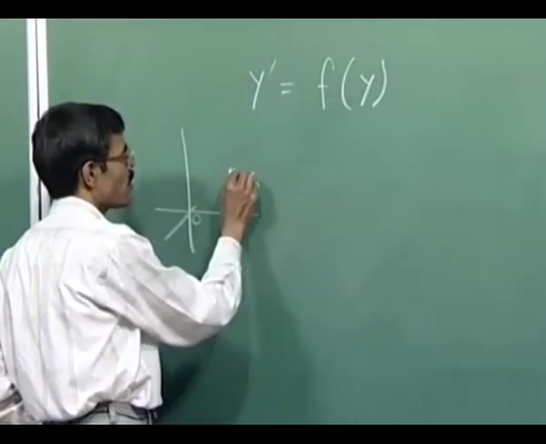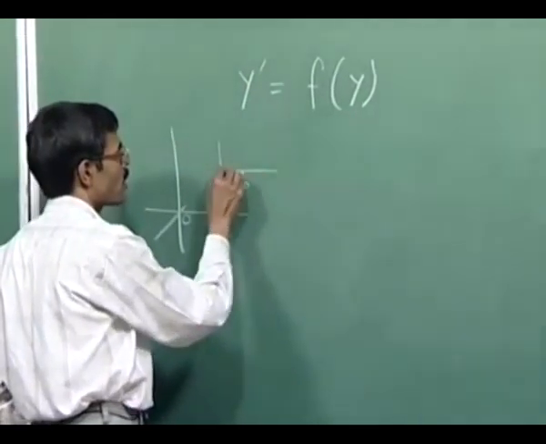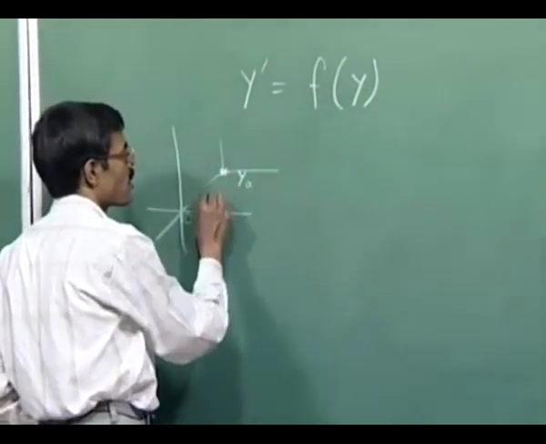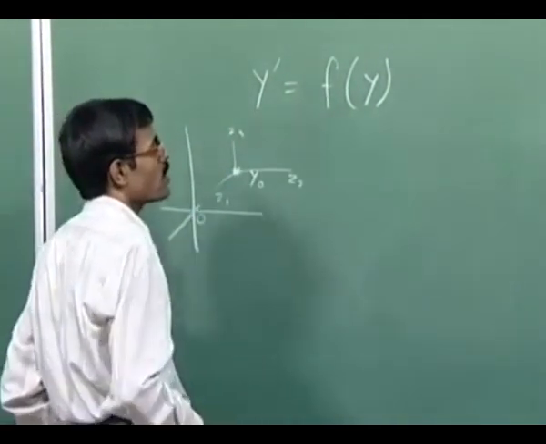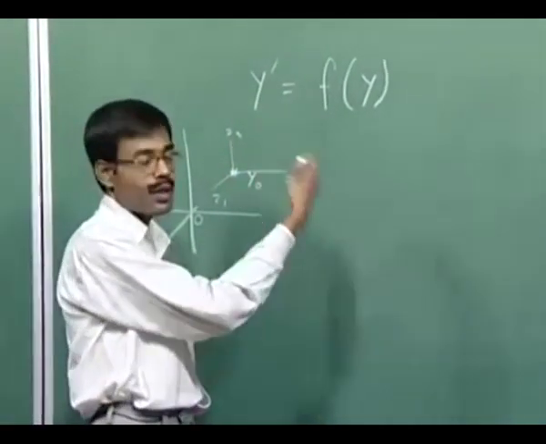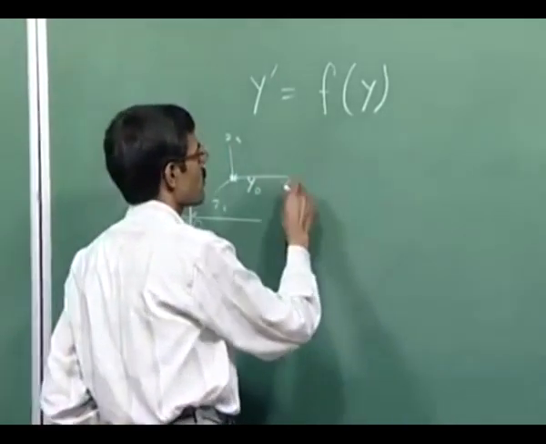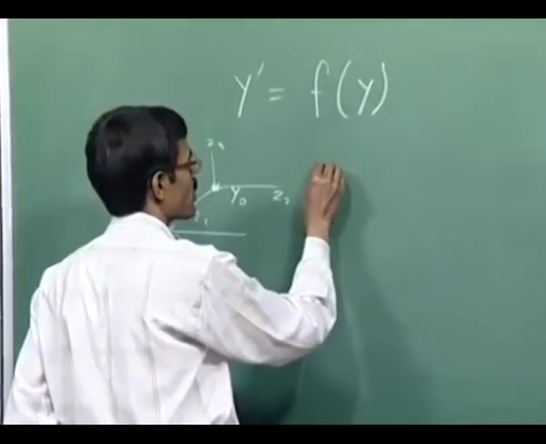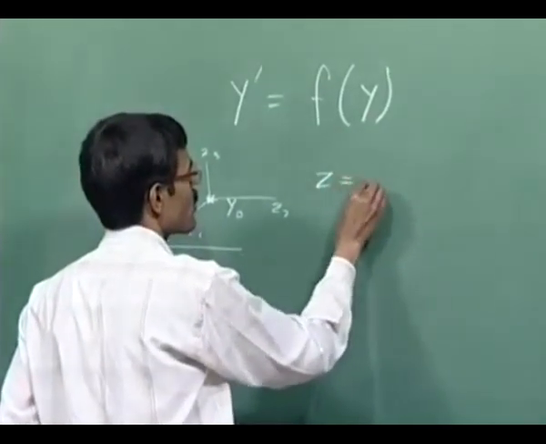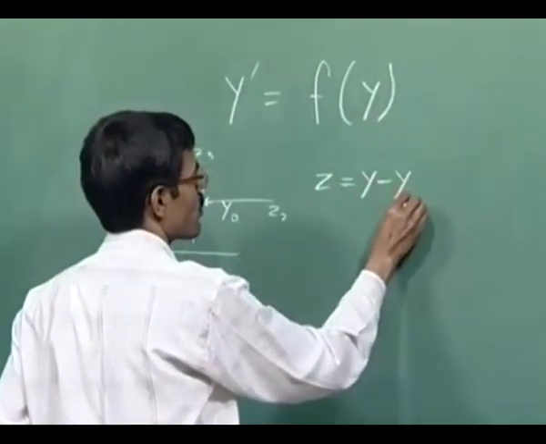Now, if we shift the frame of reference here and say that this is z1, z2, z3, and our new set of coordinates of the state space is z, that is z1, z2, z3, then we say z is y minus y0.